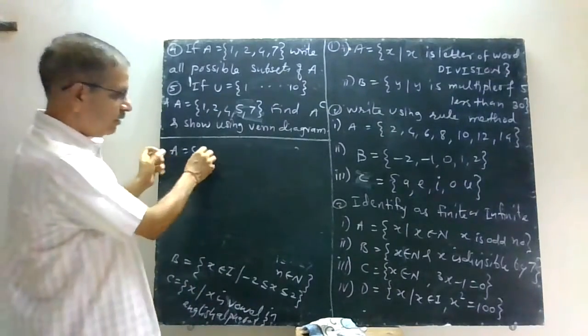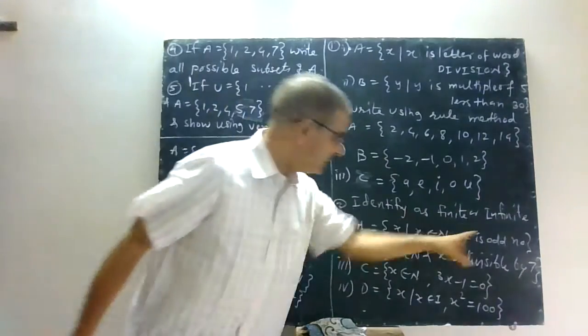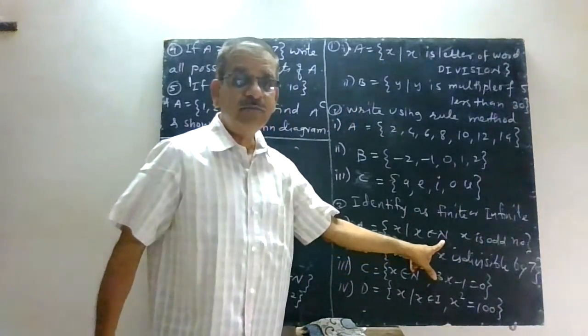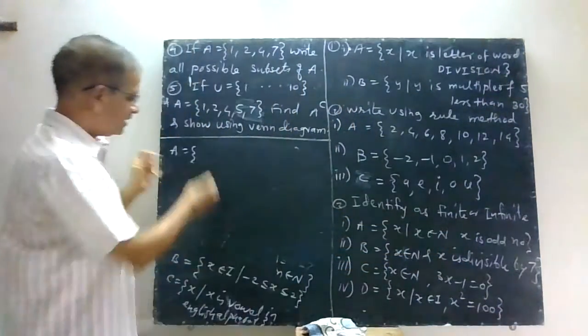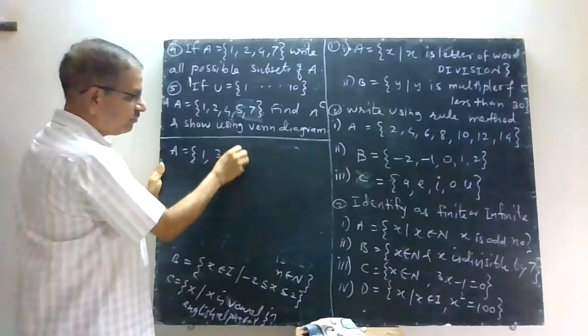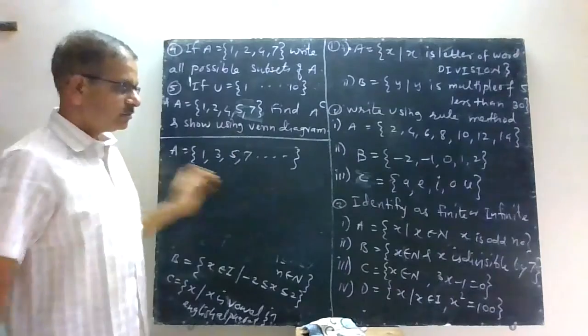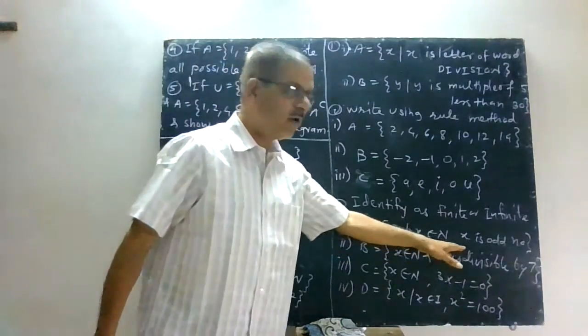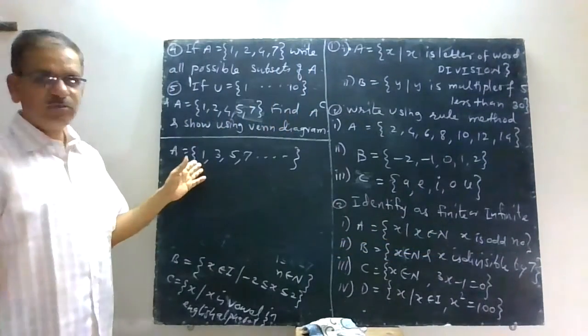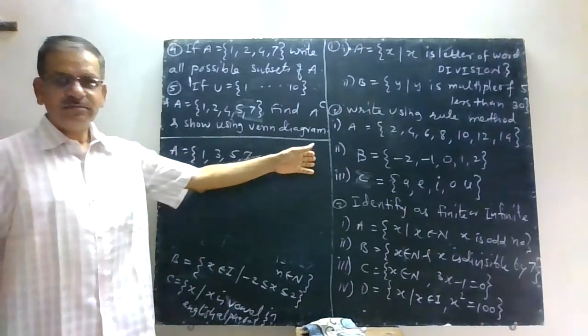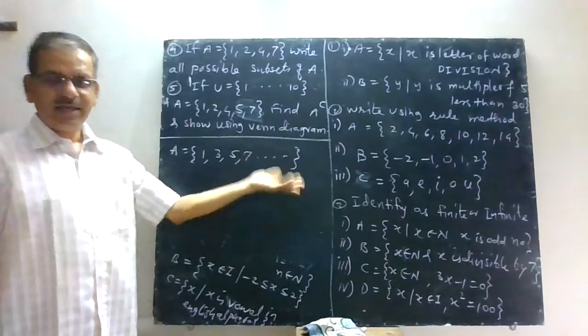Now all odd natural numbers. They are natural numbers starting from 1, 3, 5, 7 and so on. So all odd natural numbers starting from 1, so definitely you can call this an infinite set.